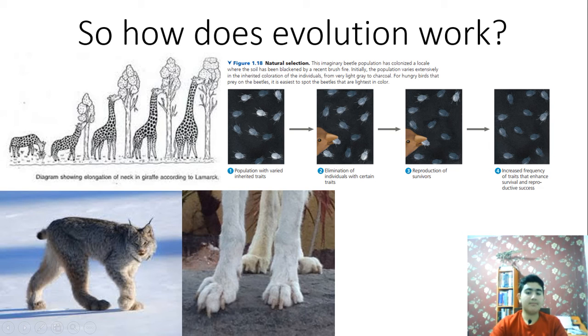The predator, which is a bird, comes and eats the light colored beetles, and so only the dark beetles survive. The light colored beetles are not suited for this environment. And vice versa, when dark beetles are in, for example, a light colored place, they will get eaten because they are not suited for that environment.